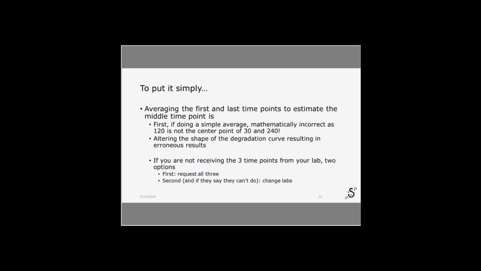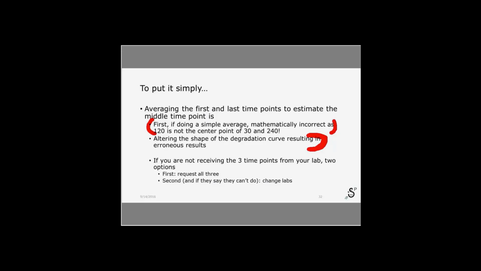And if you're just doing a simple average, it's actually mathematically wrong because 120 is not the center point of 30 and 240. So even if you're doing an average of 30 and 240, that is not anywhere close to what a 120 is going to be. It's both mathematically incorrect and its fermentation characteristics is incorrect because you're changing that inflection point.